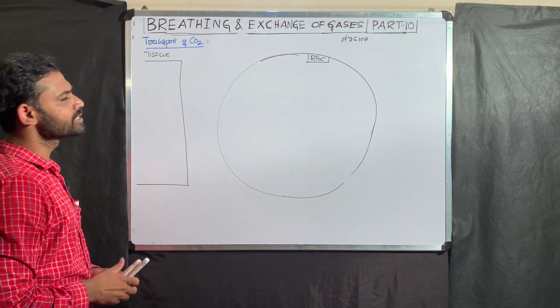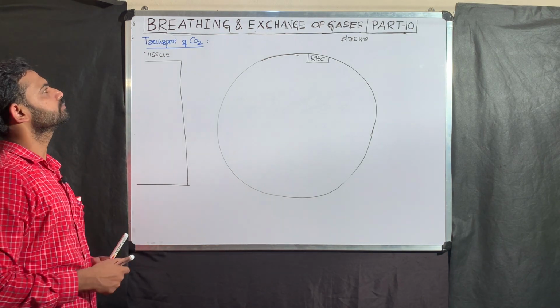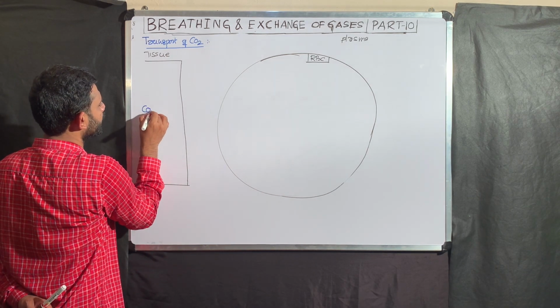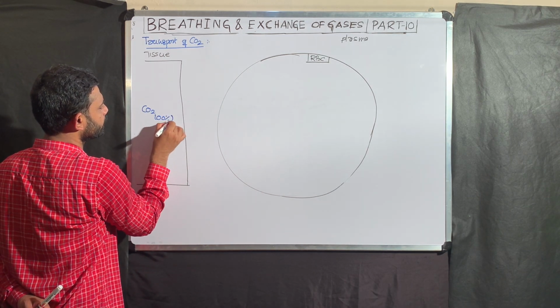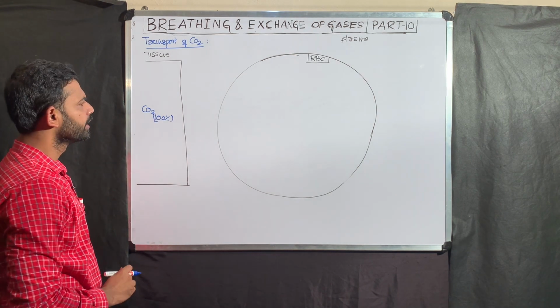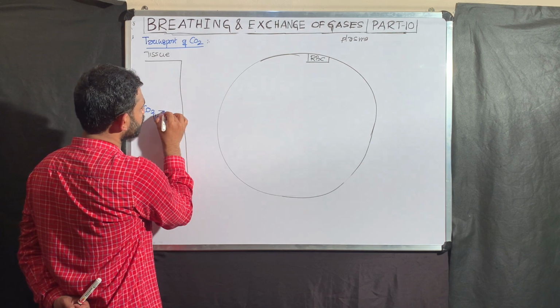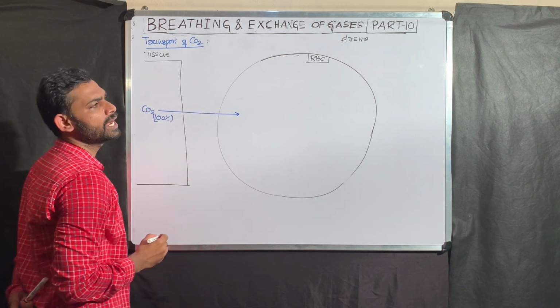For example, consider 100% of the carbon dioxide produced by the tissues. Slowly you can follow, it's a very easy thing. From these tissues, the carbon dioxide, CO2, enters into the RBC.